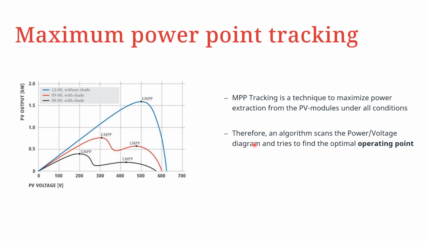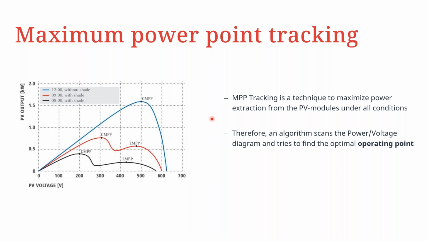So we have talked about, and my colleague has also talked about, maximum power point tracking. Within the Fronius inverters, whether it's a single MPPT or two MPPTs built in, you have the normal scanning of the maximum power point. This is done to maximize extraction of power from the PV array at all conditions.